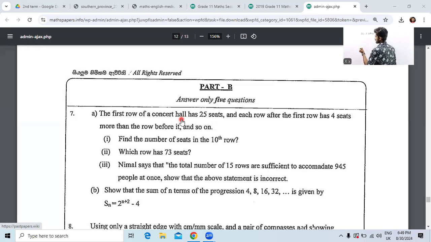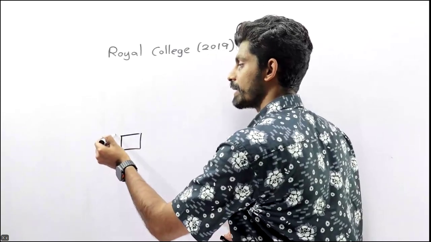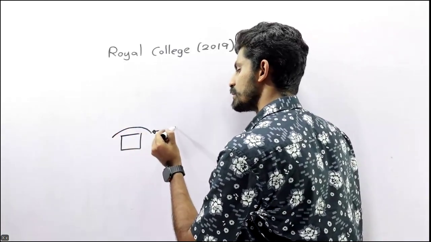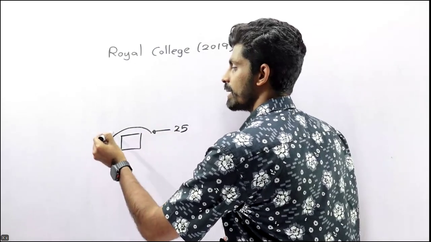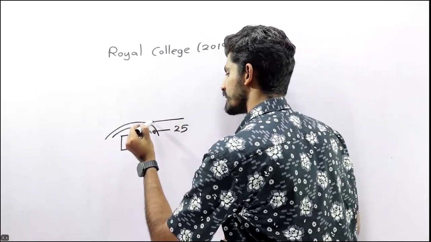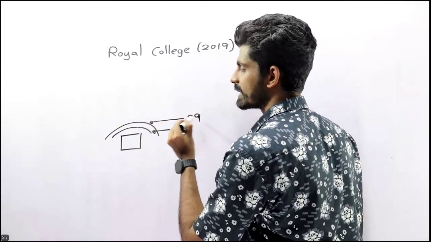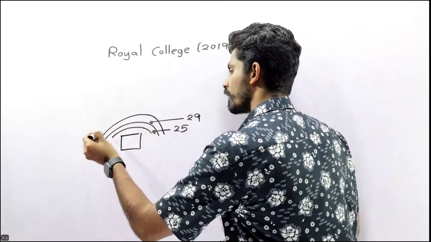Have you ever seen an auditorium, the seating plan of the auditorium? So 25 seats are there, then 4 more. For the second row, 29 seats are there, 4 more.